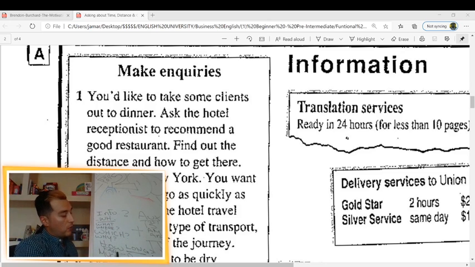Okay, so let's make a question. How long is, what is one example for a question at work that your clients ask you or that you ask your clients? How long, this is about time. In your notebook, put time question. Time question. How long?